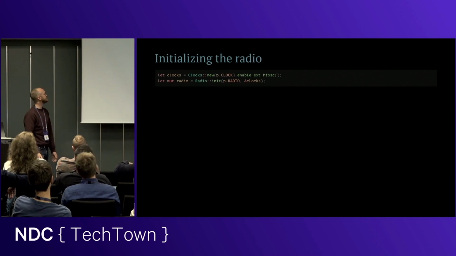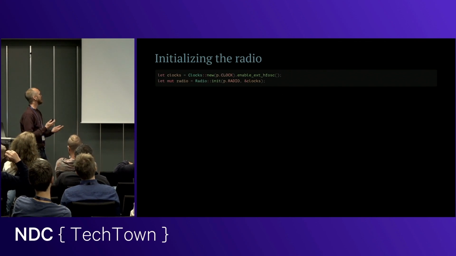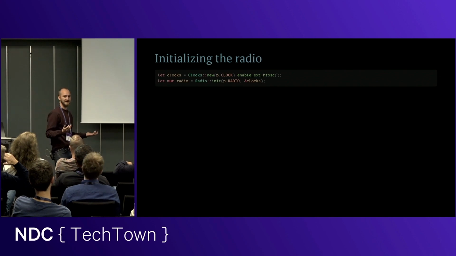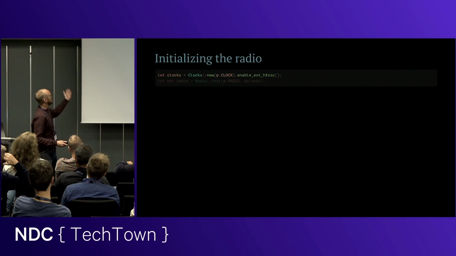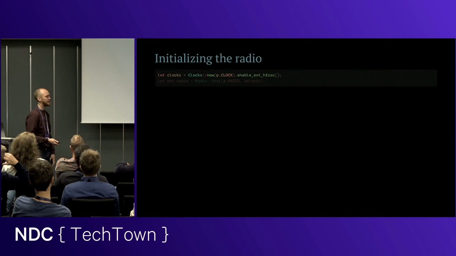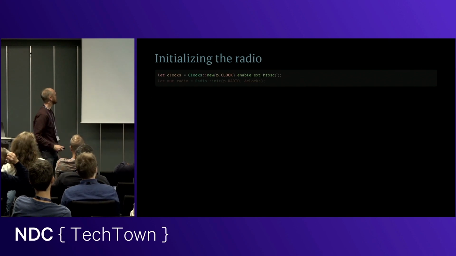We're going to initialize the radio on the chip, and I'm also going to show you how the Rust type system helps us avoid runtime errors. First, we have to configure the external clock. You can't use the radio with the default internal clock, so we set this up here.